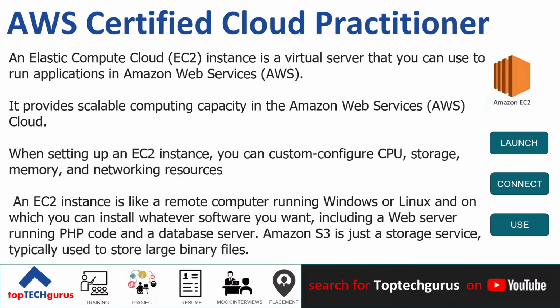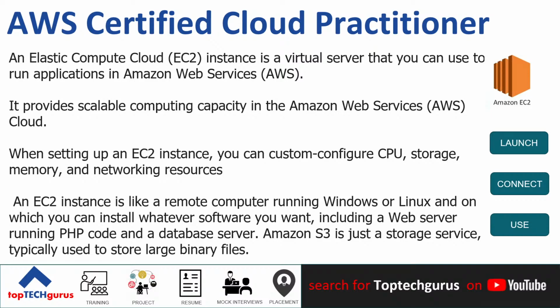What it does is it provides scalable computing capacity. What that means is the computing capacity can be scaled up or down. You can add more instances and then scale it up, or you can change the available resources, like the available hard drives or RAM in the EC2 instance itself, and then redeploy your application and relaunch it.